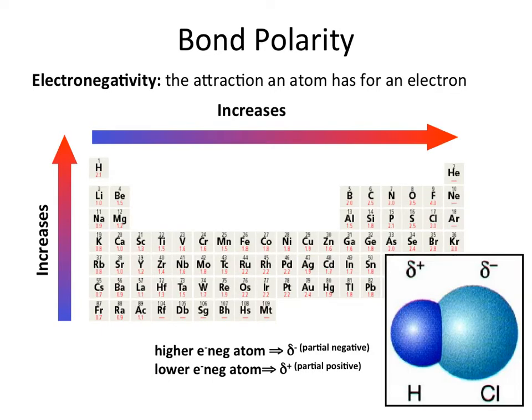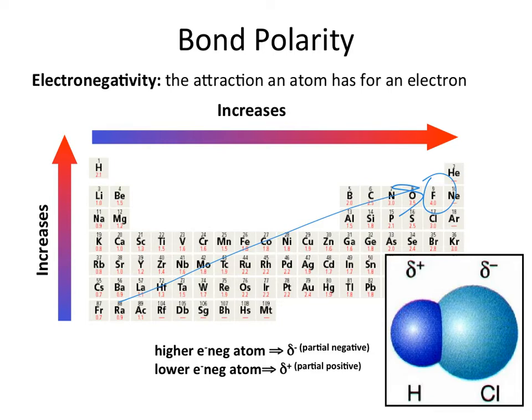As a refresher, electronegativity is the attraction an atom has for an electron in a compound. We know that fluorine is our most electronegative element on the periodic table, and the closer we get to fluorine, the more electronegative we become. Whenever we're looking at bond polarity, we have to look at which element is the most electronegative in that set.